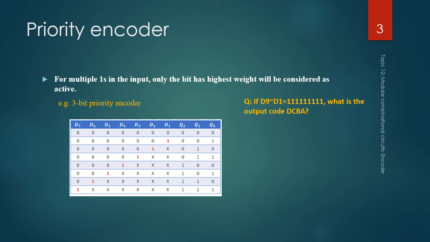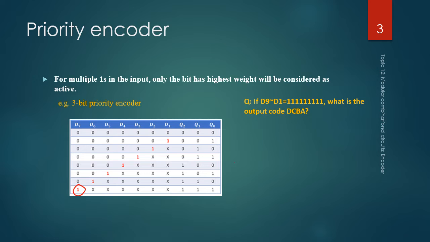The answer is to define the priority encoder. So we can assign a different priority level to each input. The most common priority level is that we put the MSB of the input, the highest bit, as the highest priority.